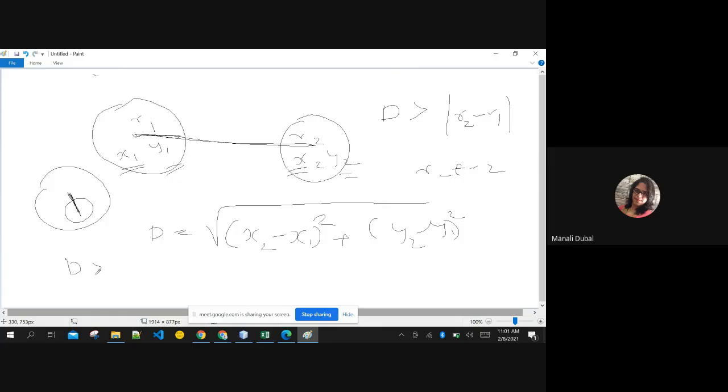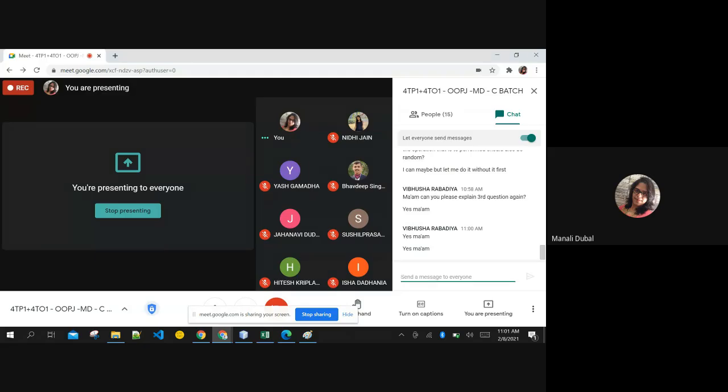The distance between the circles will be greater than the summation of both the radii, right? That is the formula. Just put if and else over here. Are you getting it now? Okay, no problem.